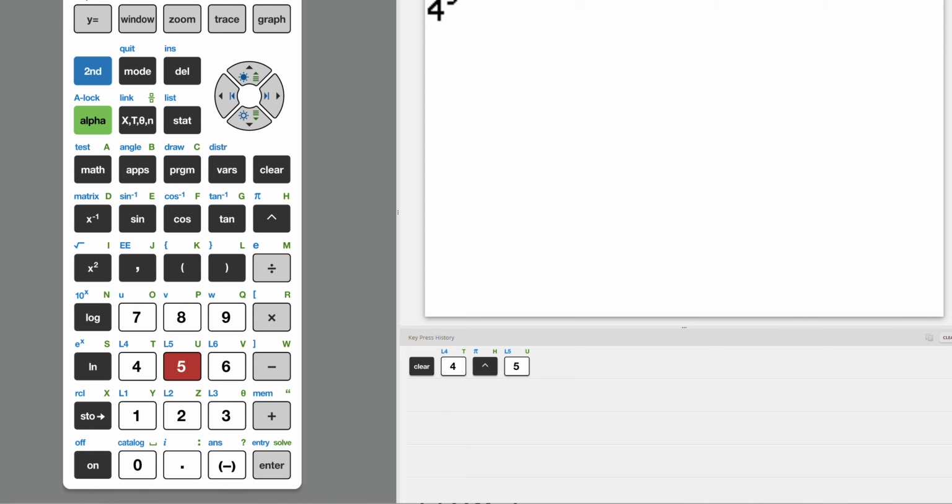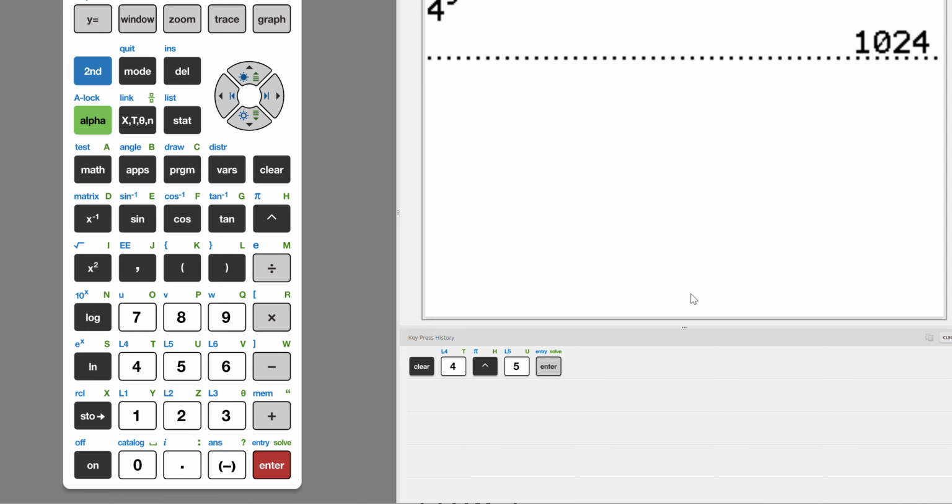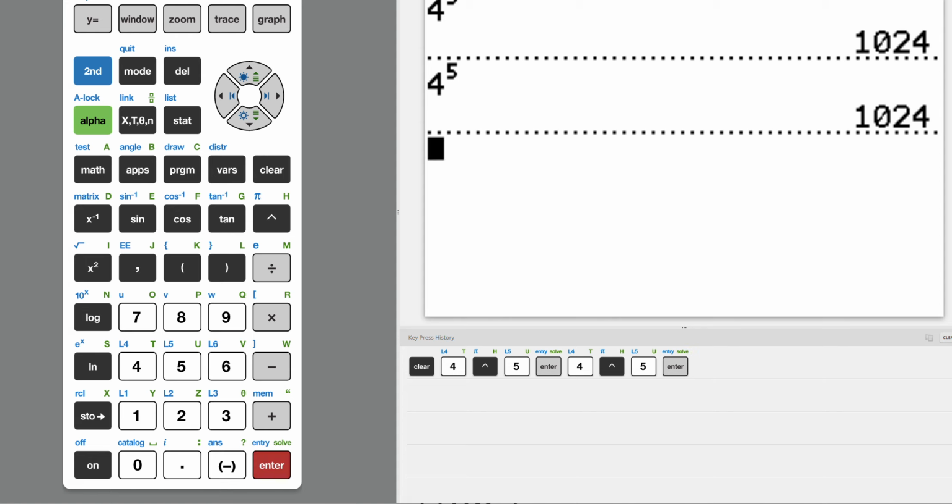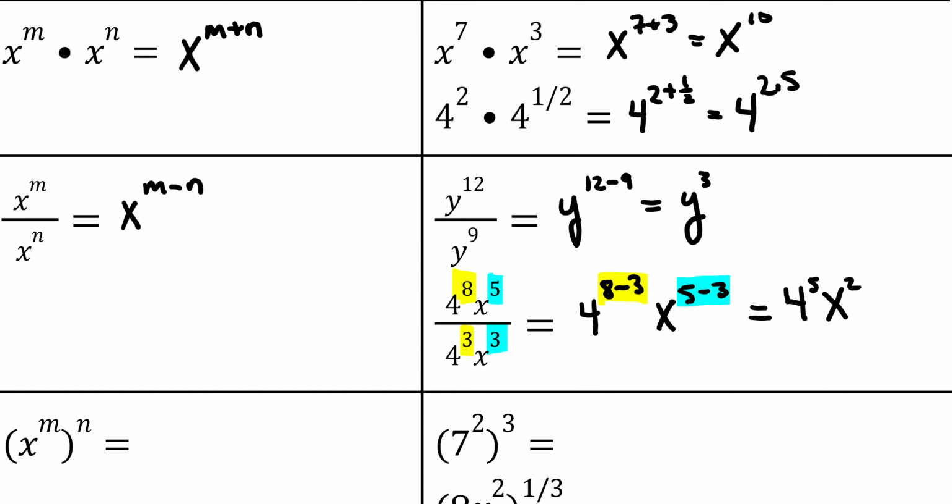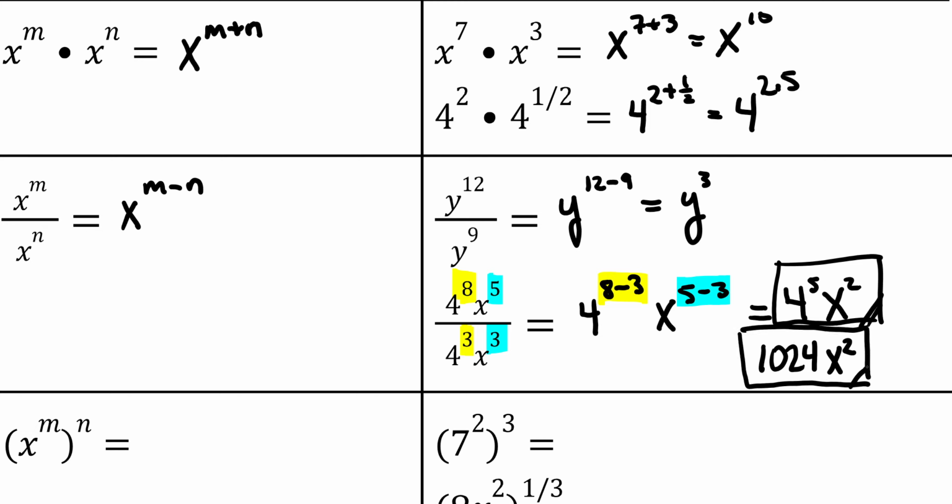This is what that looks like, in case you didn't see it, because it's a little bit off screen. 4 raised to the 5th power, hit enter, and it's 1024. So I might also write this as 1024x squared. And either of those might be acceptable answers. So be prepared to go to standard form if you need to with the numbers. The variables, you can't do anything about that, so that would just be x squared.